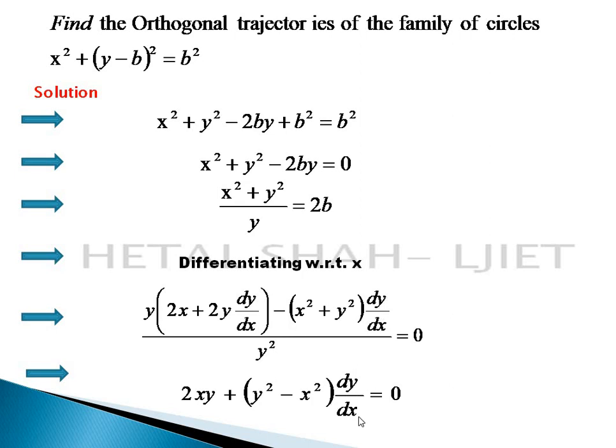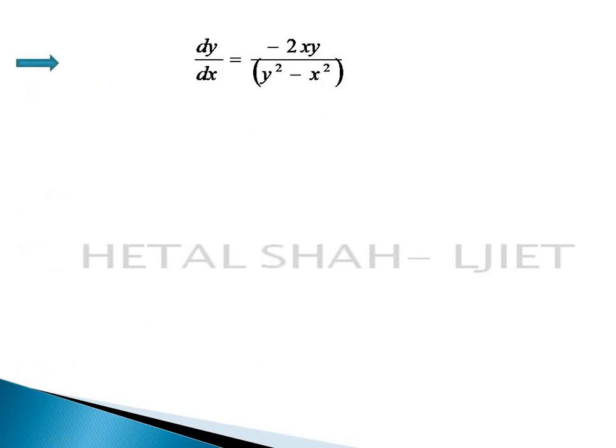Taking dy by dx common, we can write (y square minus x square) into dy by dx. This equation we can also write with dy by dx as the subject, that is dy by dx is equal to minus 2xy upon y square minus x square.